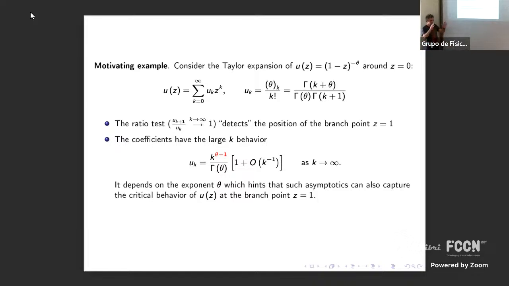Okay, so this is basically the whole idea. So what you have to do is take the solution of your differential equation and construct its power series expansion. You have some kind of recurrence relation for the coefficients that you can compute. Look at the asymptotics of the solution of this recurrence equation as k goes to infinity, and the limiting value will give you essentially what you want.